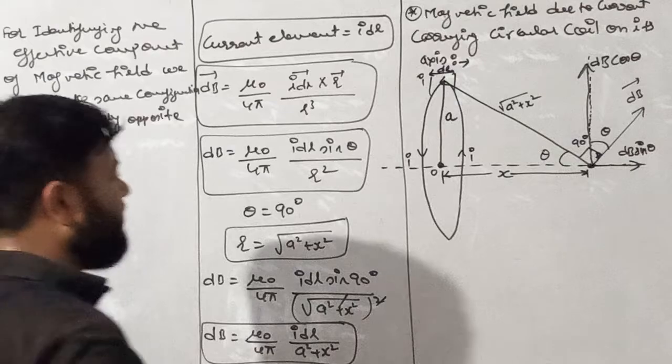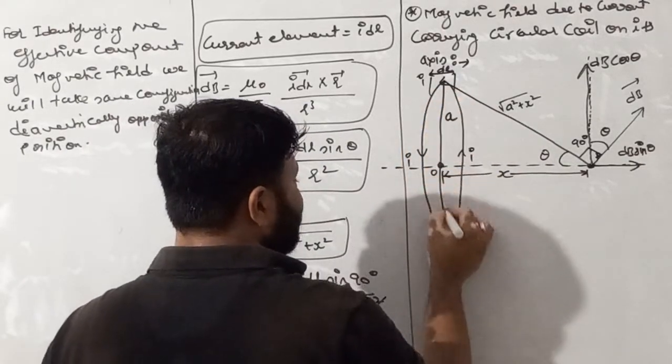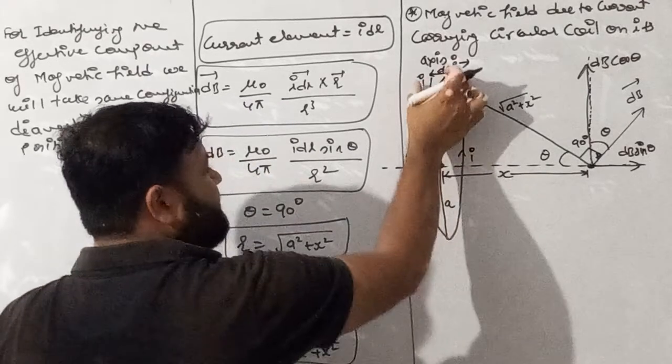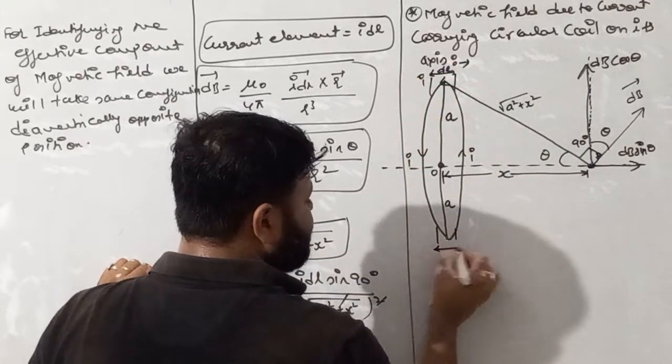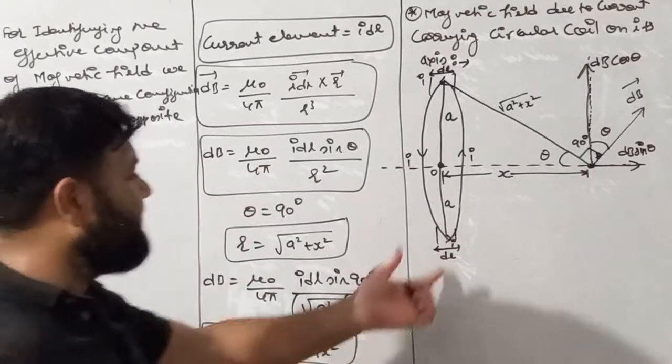If the radius is a, then this distance is also a. This is dl, so this is also dl, and in this dl the current is I, so the current element is I dl.